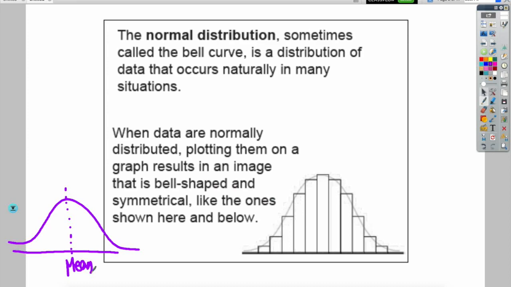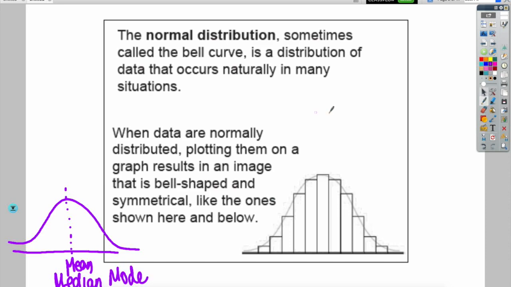Okay, there's other types of bell curves because not every piece of data is going to be perfectly centered about the mean. Because if it's like this, that means the mean, the median, and the mode are all the same. Okay, that's what a perfect normal distribution graph is. It's perfectly symmetrical. Okay, all of them are the same.